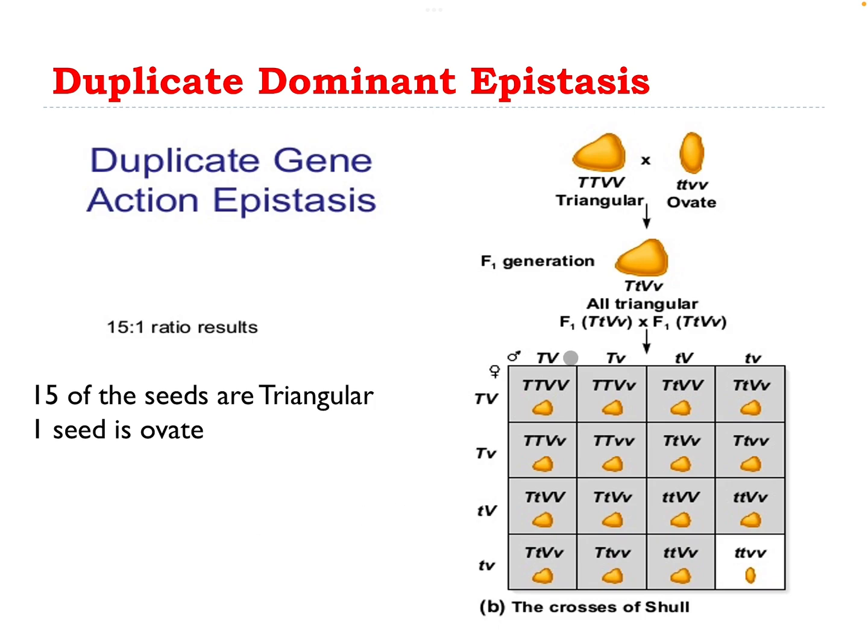Because of the presence of the dominant T or V, you will produce a triangular shaped seed. In the absence of the dominant trait, you will produce an ovate seed. So either T or V, when present, you will have a phenotypic expression.